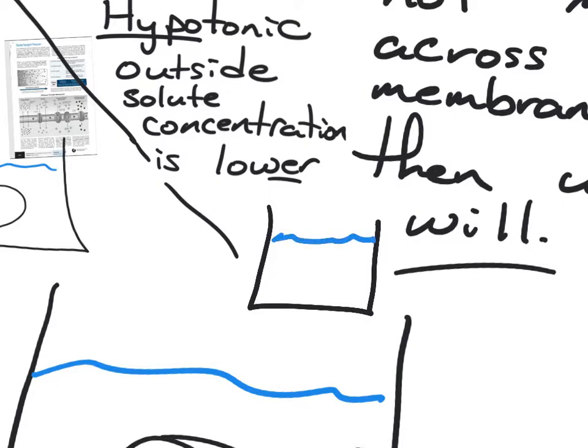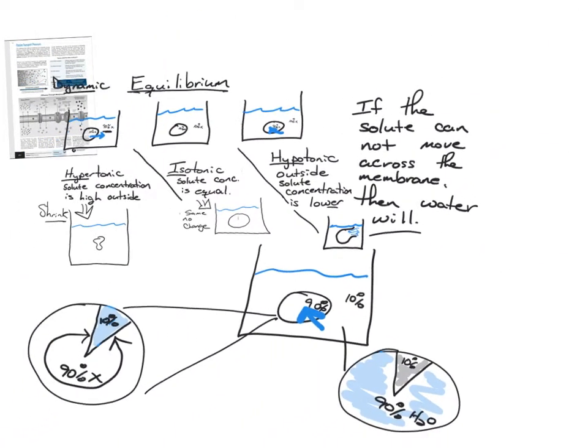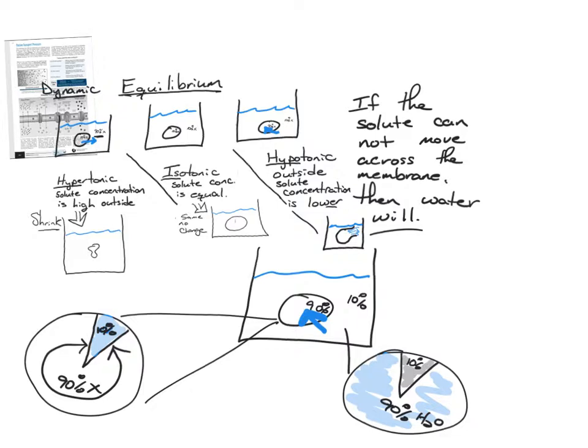It's not really explode, but it's definitely going to get bigger. There could be a rupture of the membrane, right? Could be. Doesn't have to. Are we all good with that? So those are three things that's going to happen: hypertonic, isotonic, and hypotonic.